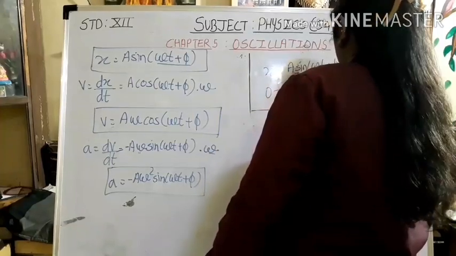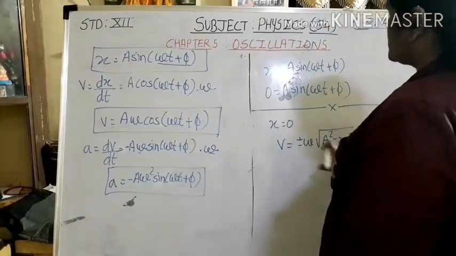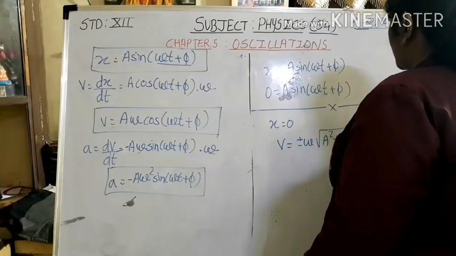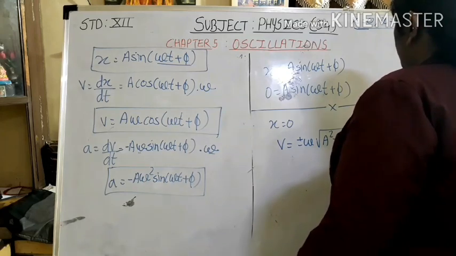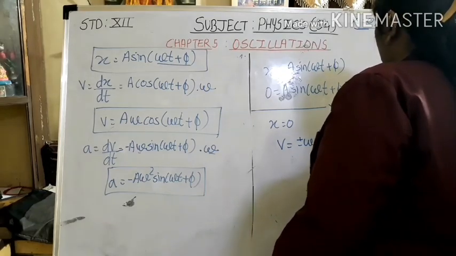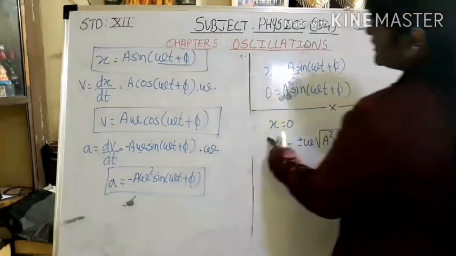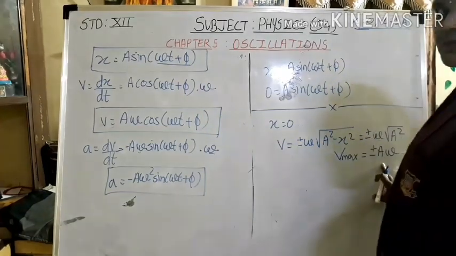If x is equal to 0, I will get plus minus omega under root a square only. So this becomes plus minus a omega. So v is maximum when x is equal to 0. So we are getting v max as plus minus a omega.